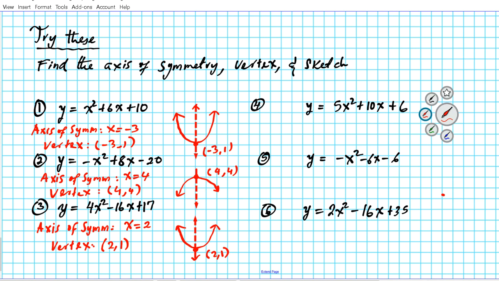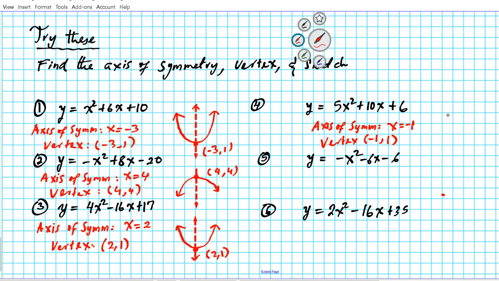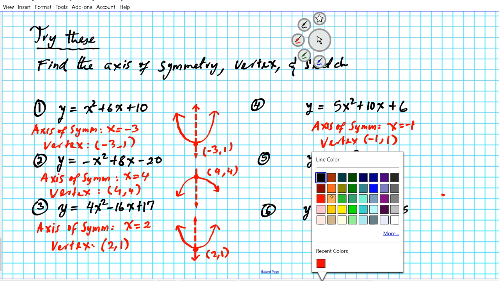That's just a sketch. Number 4. So for number 4, your axis of symmetry is x equals -1, and your vertex is (-1, 1). Let's see what the graph looks like.